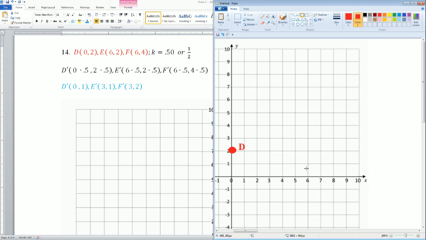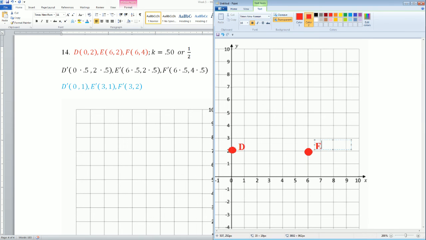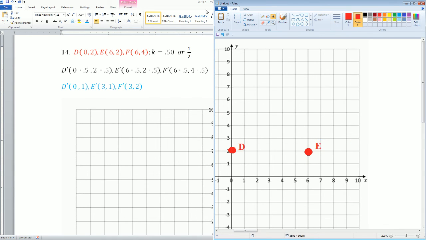So 6 in the x, 2 in the y, and you label that E. Next you are going to do 6, comma 4. 6 in the x, 4 in the y, and you label that F. Next, we're going to do the images. So 0, comma 1, so 0 in the x, 1 in the y. Call that D prime.